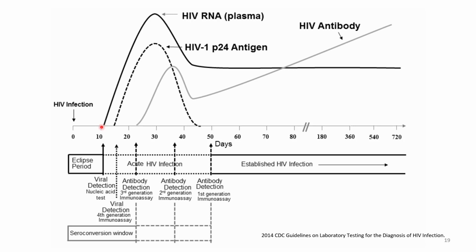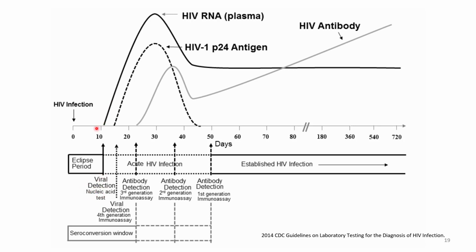So the current nucleic acid test can detect it a little sooner, about 7 days. But this figure is from the 2014 CDC guidelines, which say it takes about 10 days for RNA levels to be detectable in plasma. To detect this RNA, we would have to use the nucleic acid test, which is the most expensive compared to the other assays that we have.